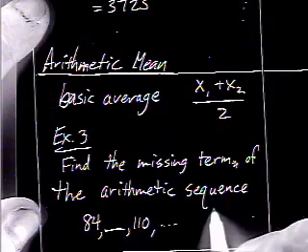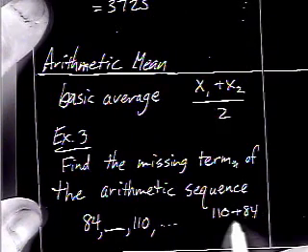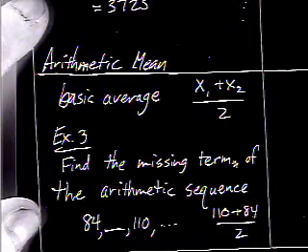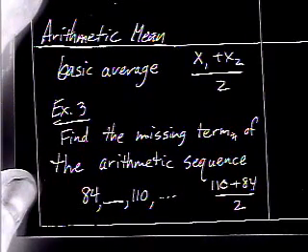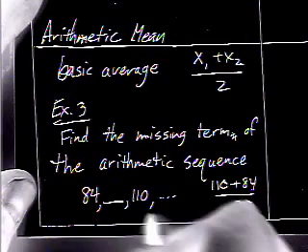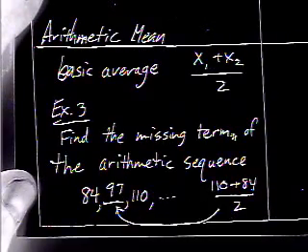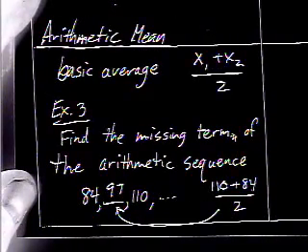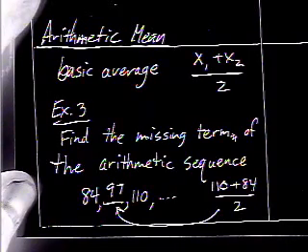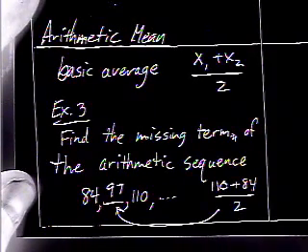We can use this idea of an average to find the missing term. So we have 110 plus 84 divided by 2, so 97. That's pretty straightforward, pretty easy. Your arithmetic mean is just your average.